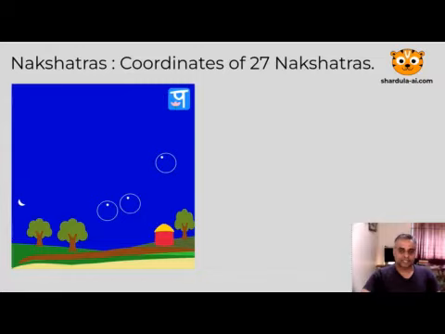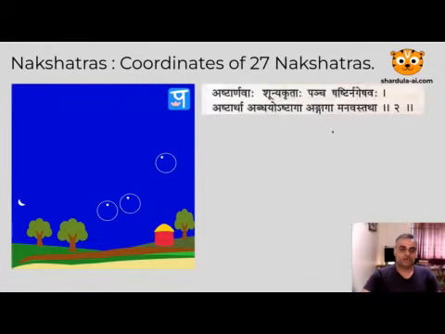Now, these are the three stars. How do we identify exactly which star we are referring to? When I communicate to my next generation, as our ancestors have been communicating, how do we communicate it mathematically? The way to do that is that they have put in some shlokas.